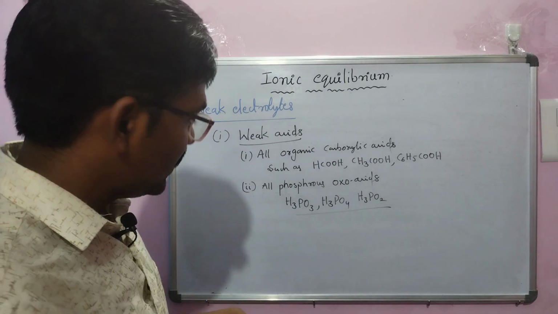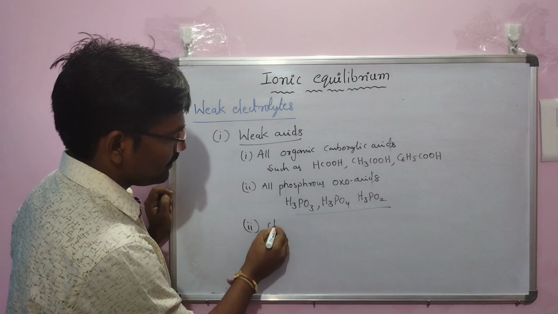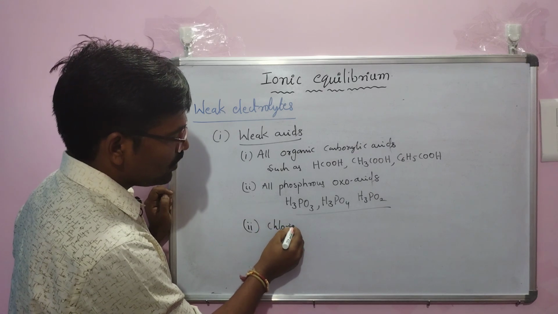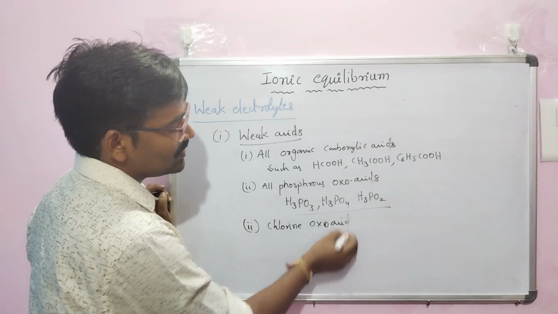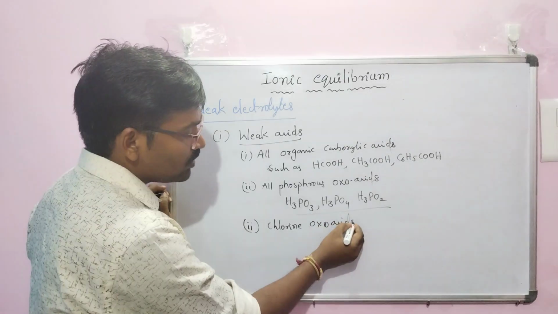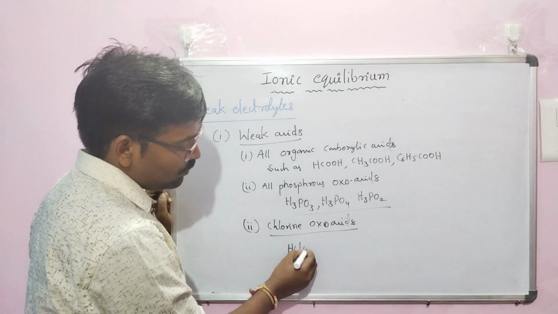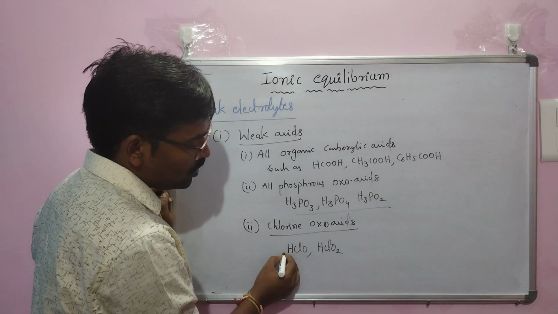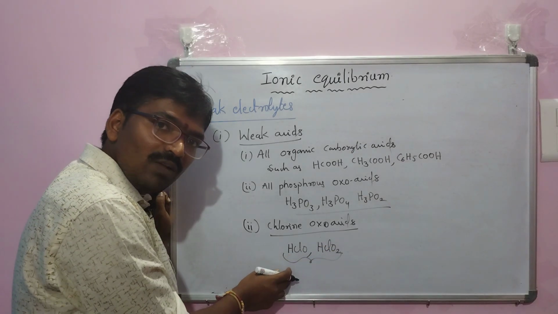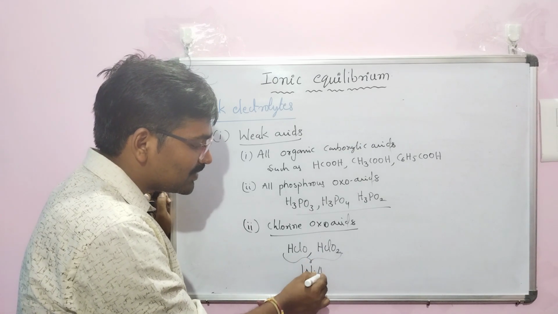Then chlorine oxo acids: HClO and HClO2, these two are weak acids.